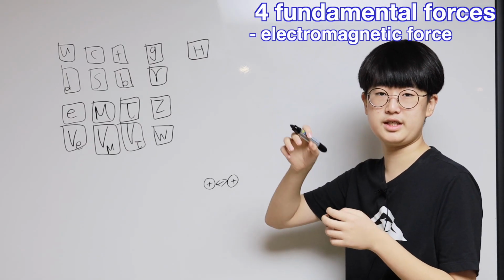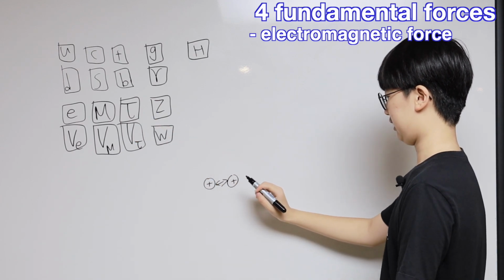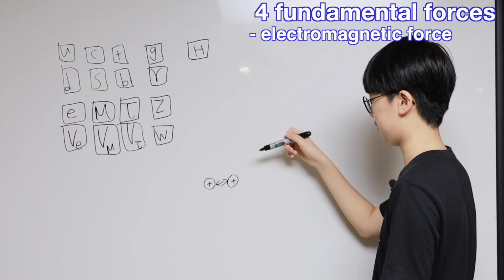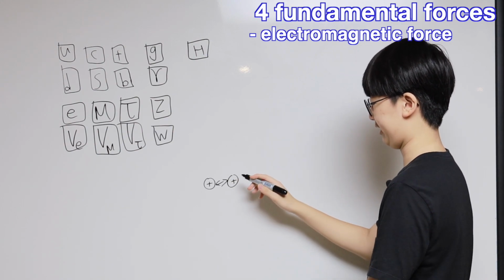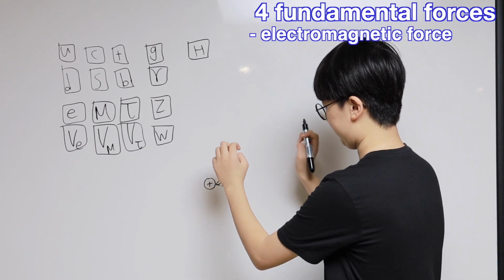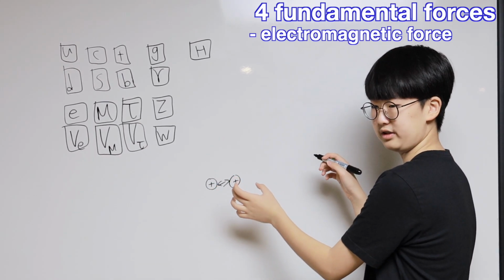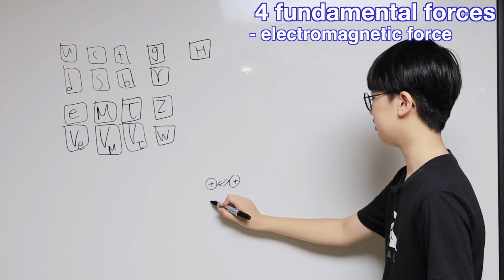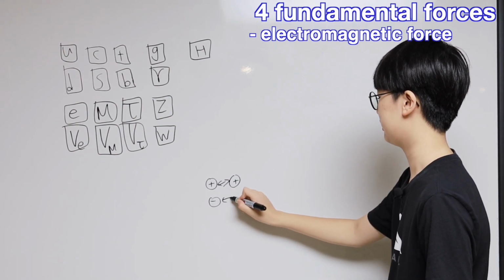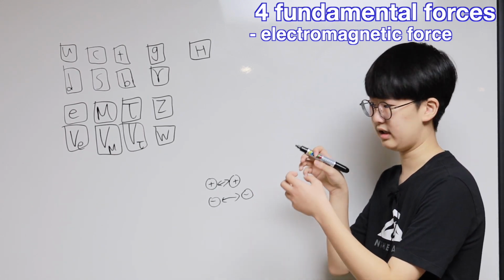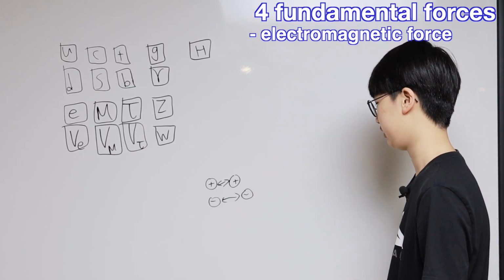Because they push each other away, well, that's the electromagnetic force applying over here. And so they would zoom off if you put these two like that. And that's also the same for electrons. If you put two electrons side by side, they will push each other away too.